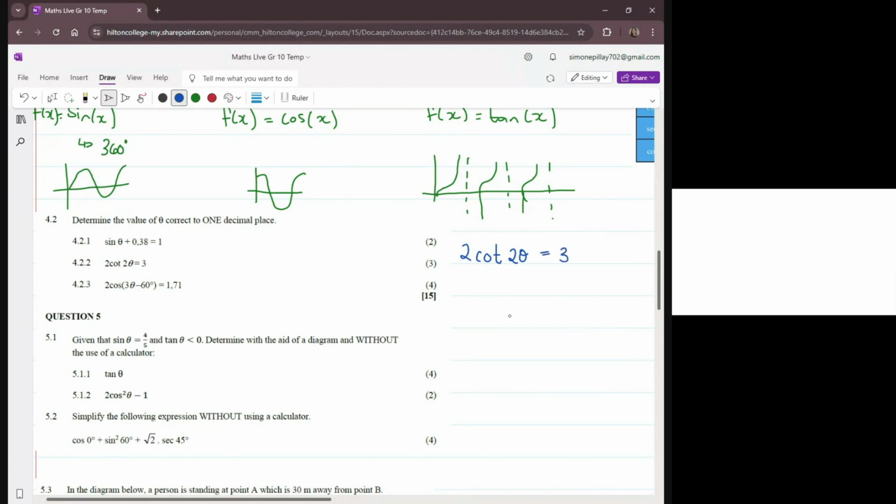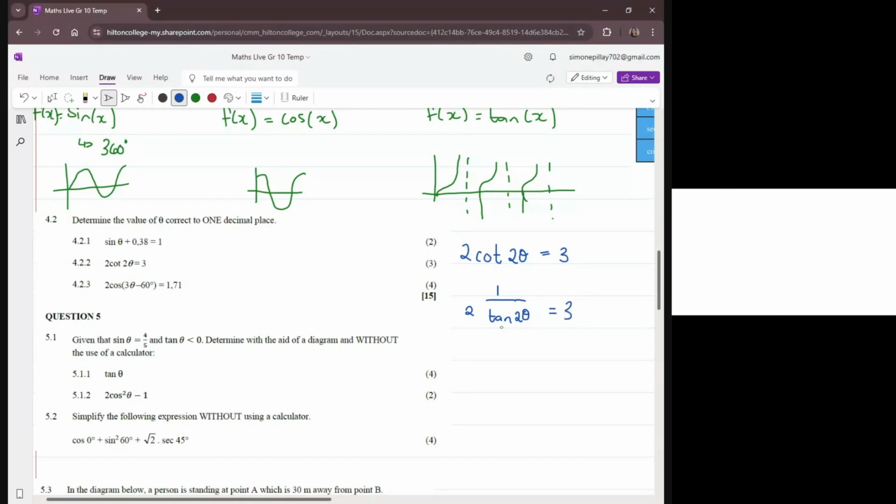Now, I always did these equations the long method because it just made more sense to me. So I'm going to show you guys what I used to do. I hate working with these ratios, so I immediately am going to say 1 over tan 2 theta, equals 3.